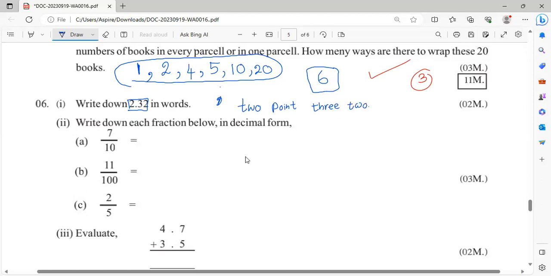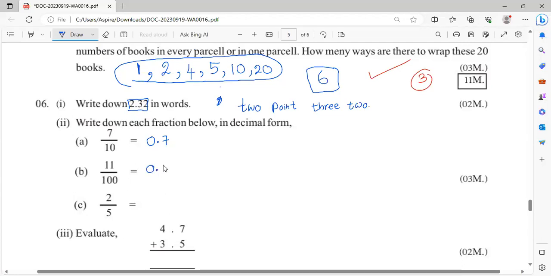Okay, write down each fraction below in decimal form. How do we write this? 0.7. Okay, then here there are 2 digits in the numerator and 2 zeros in the denominator.